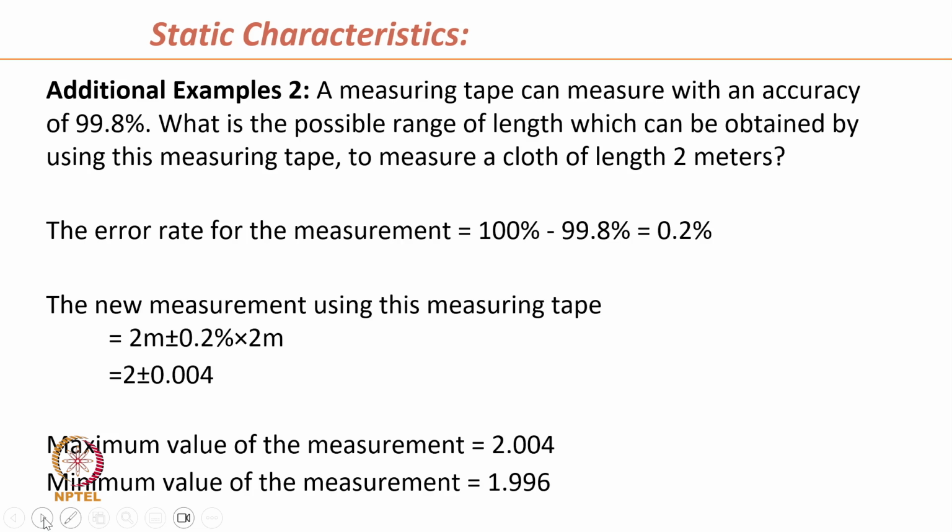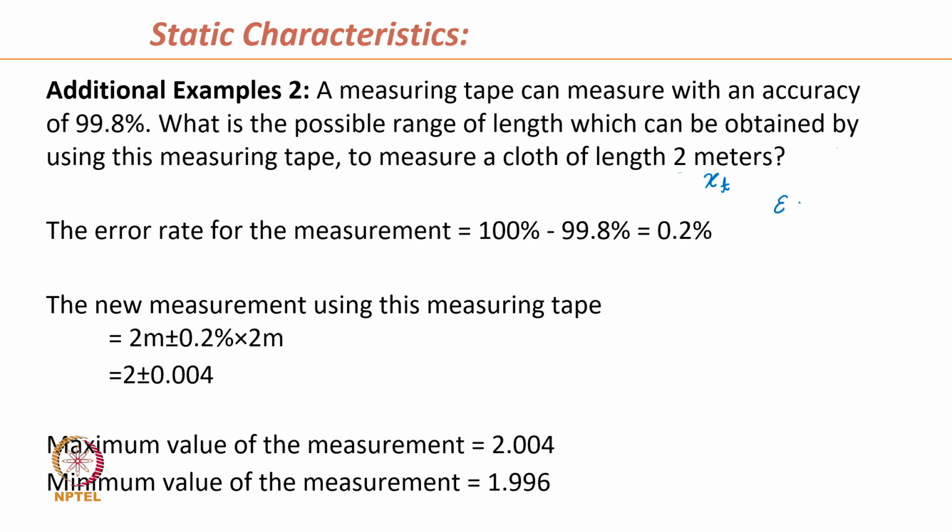Another example: let us say we have a measuring tape and it can measure with an accuracy of 99.8% only. What is the possible range of length which can be obtained by using this measuring tape to measure a cloth of length 2 meter? This 2 meter length is the value of x t, and we are given accuracy, which is 99.8%.